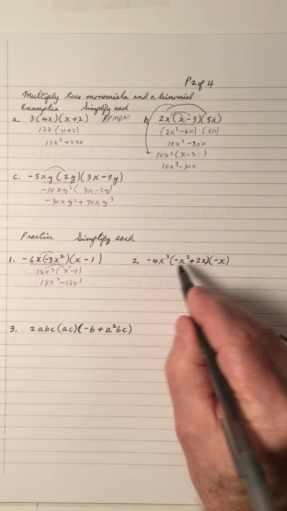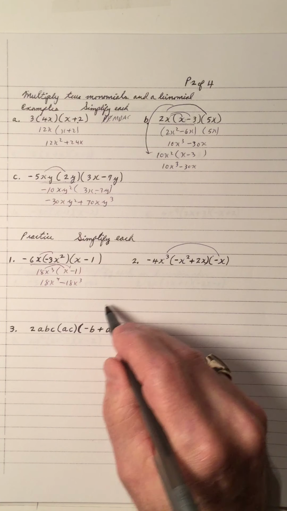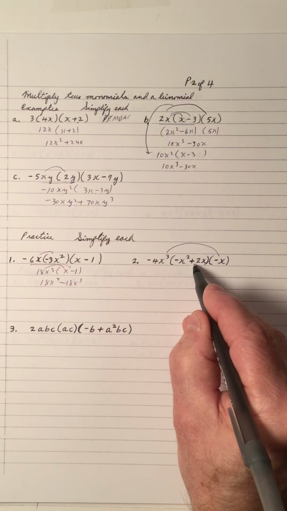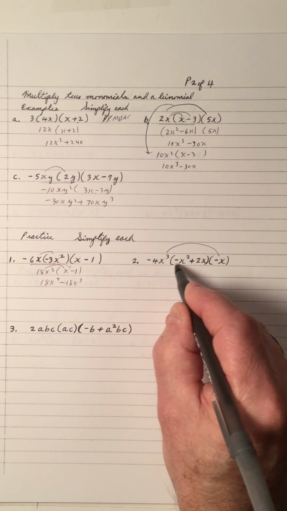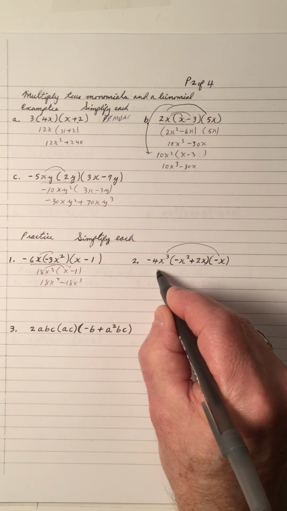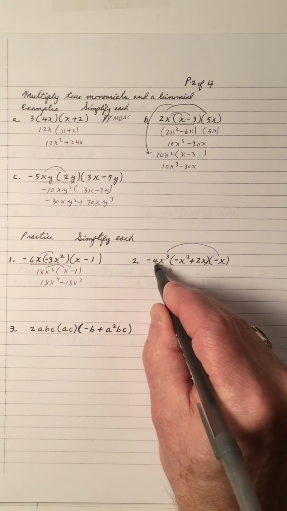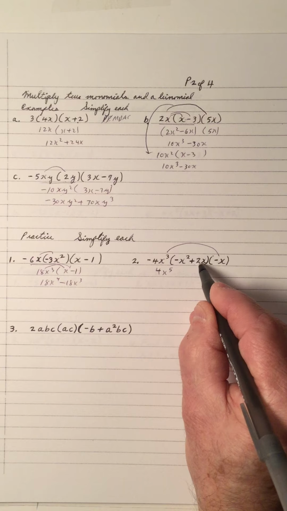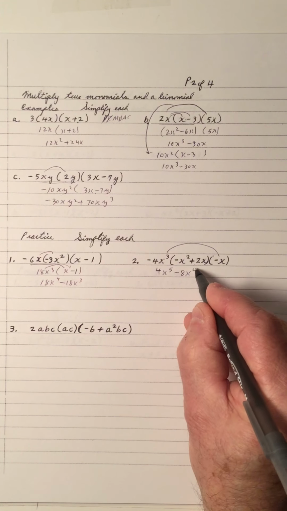So if I want to multiply these two first, go ahead. So multiply these two. Or I can multiply here. So if I multiply negative 4x cubed by these two, I will get a positive 4x to the 5th. And negative 4x cubed times 2x is a negative 8x to the 4th.